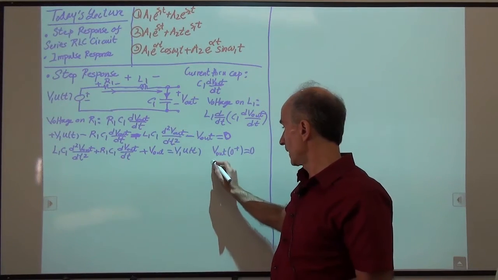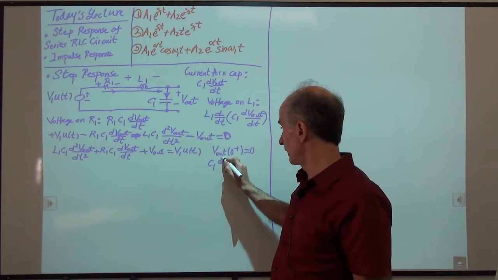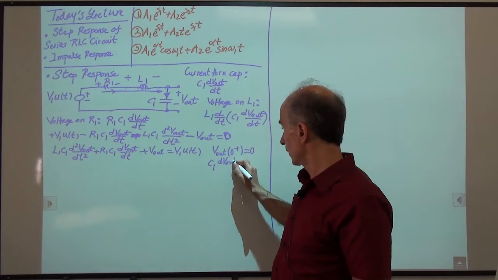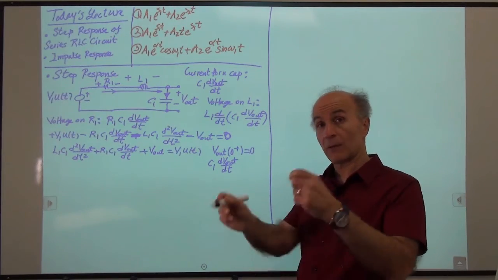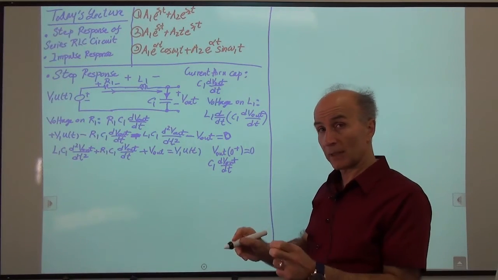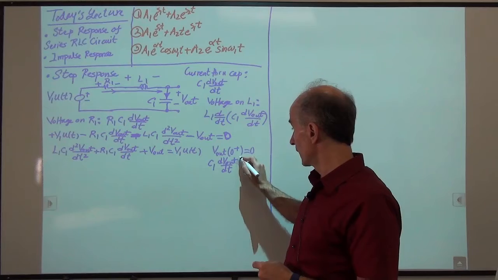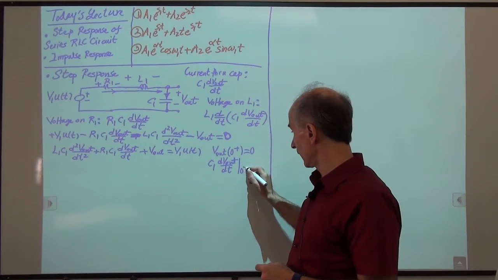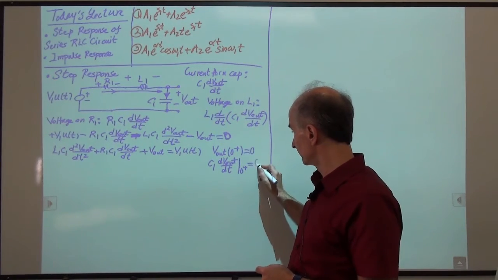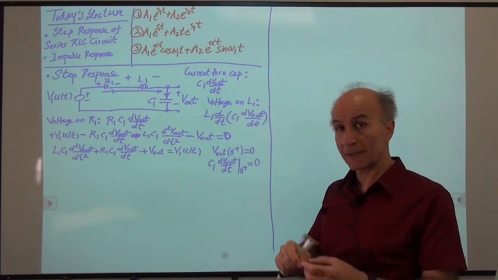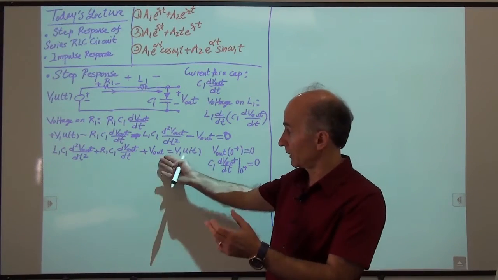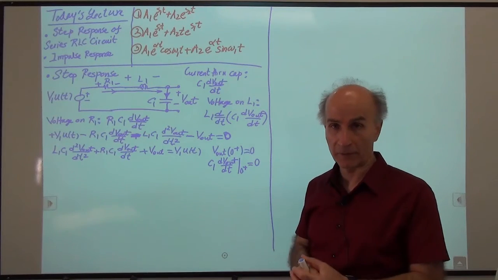So I will say C1 dV out over dt. This is the current through the capacitor and through the inductor. At 0 plus has to be also 0, because the inductor doesn't like its current to jump. So now we have two initial conditions expressed in terms of V out. We have an equation for V out. We can solve everything easily.